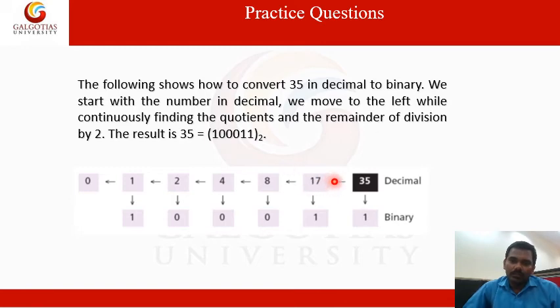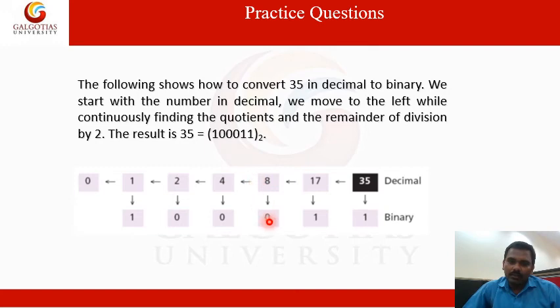We keep on writing the quotient on the left side, and this quotient will be divided by 2 again, and we will have remainder 1 and quotient 8.